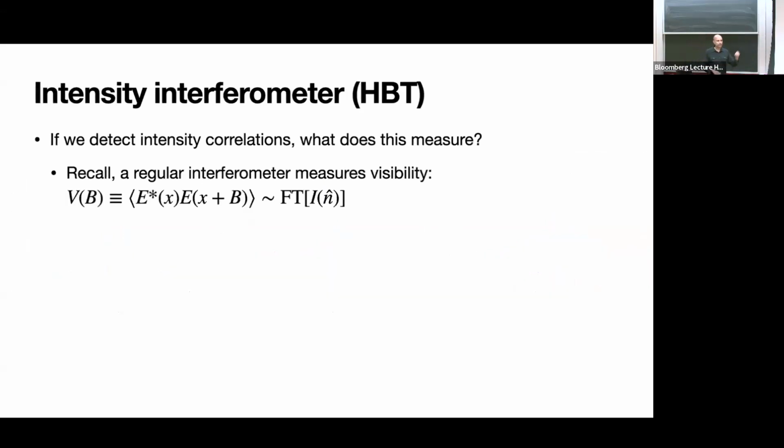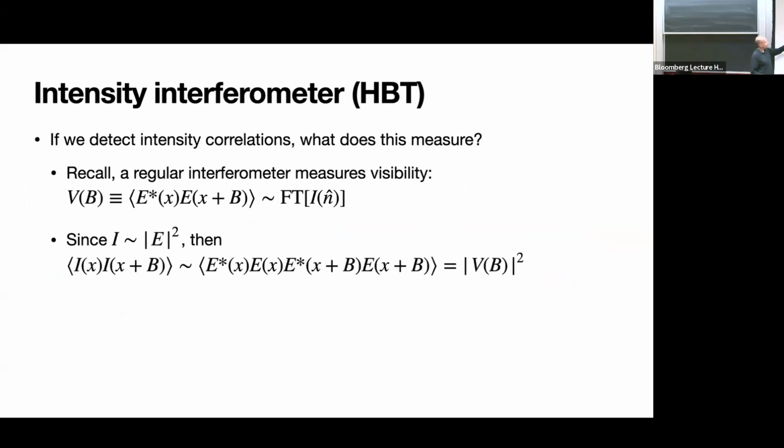Okay, good. So if you measure those correlations, what does this tell you? Recall we saw before that in a regular interferometer, the visibility, which is the correlation of the E field, measures for us the Fourier transform of the brightness of the sky. Here, instead of correlating the E field, we're correlating E squared.